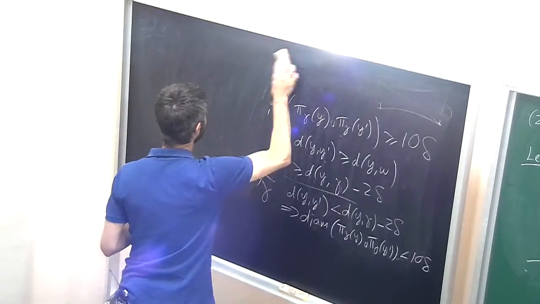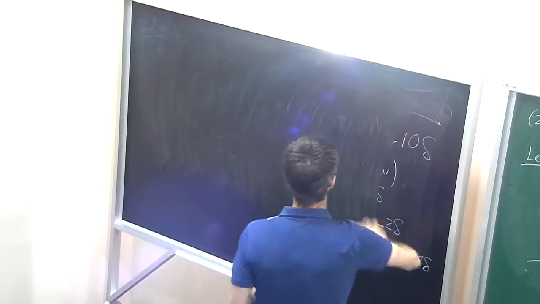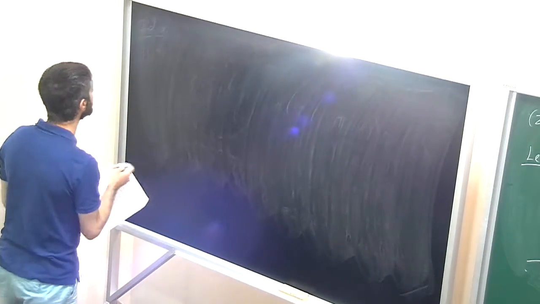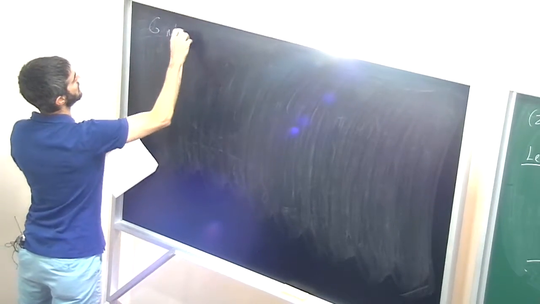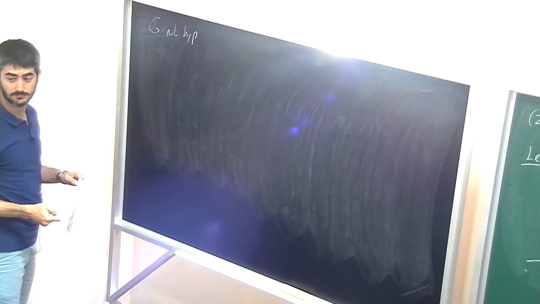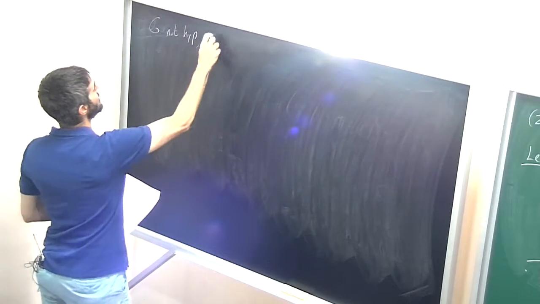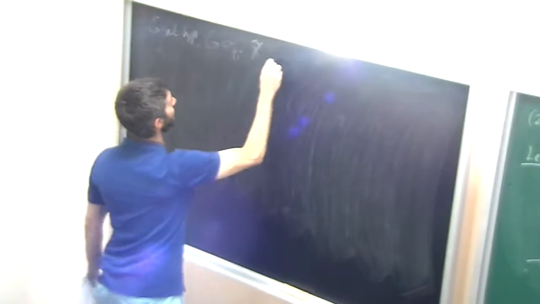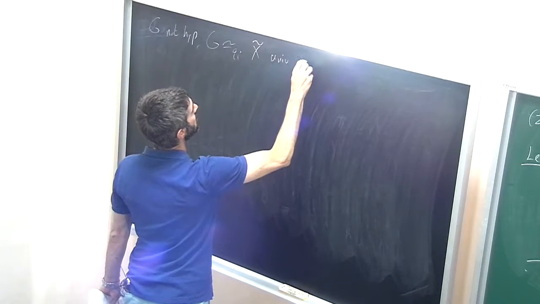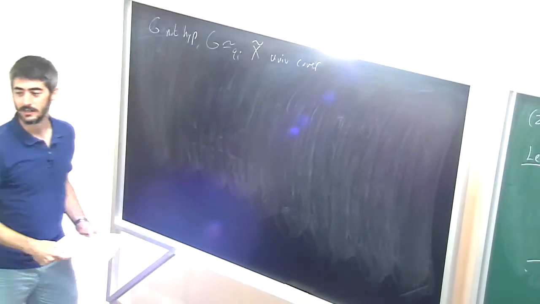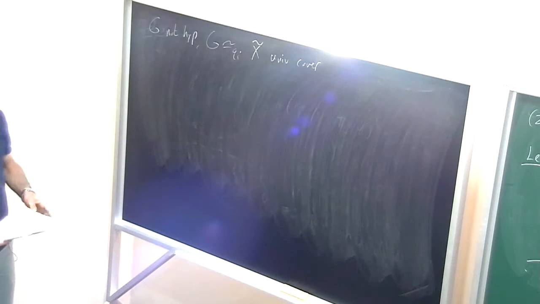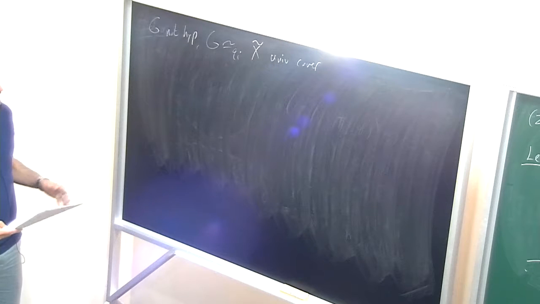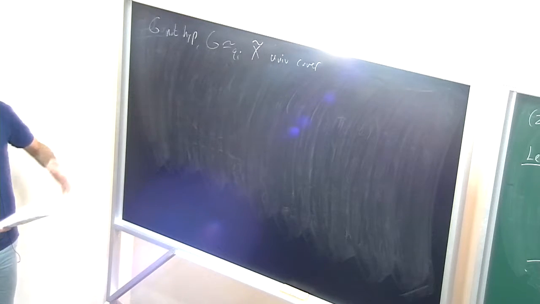Okay, but I claim the following: G is not hyperbolic. We also know that G is quasi-isometric to X tilde, its universal cover. It's just some finite complex. And I claim that in this universal cover, I do have some good strongly contracting geodesics.